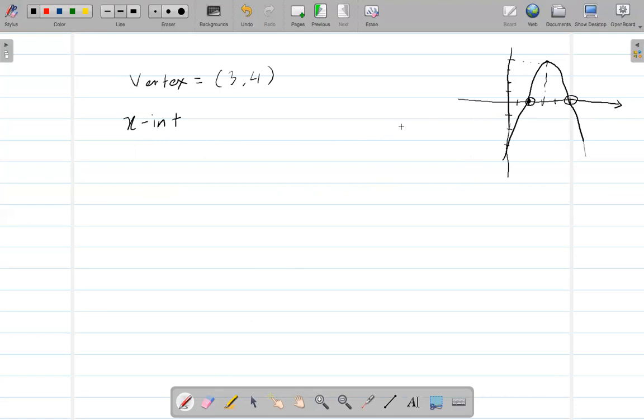So these two are the x-intercept points. This one is 2, or we can say (2, 0). And the second one is 1, 2, 3, 4, 5, so (5, 0), right?